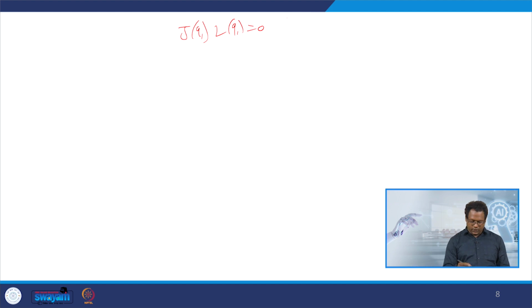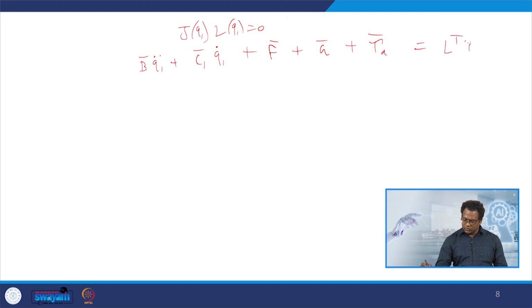So, we use this fact that leads to B bar q1 double dot plus C1 bar q1 dot plus F bar plus G bar plus tau D bar is equal to L transpose tau. Let this be equation number 3, where we used J of q1 into L of q1 is equal to 0.